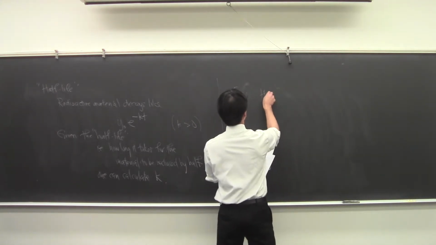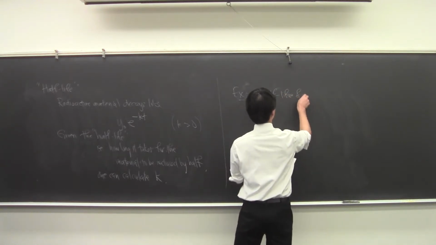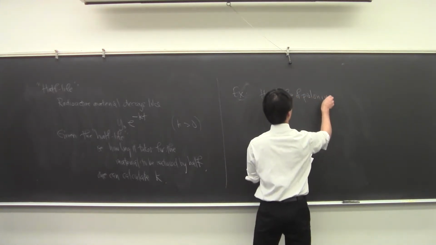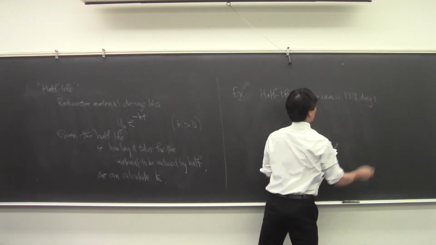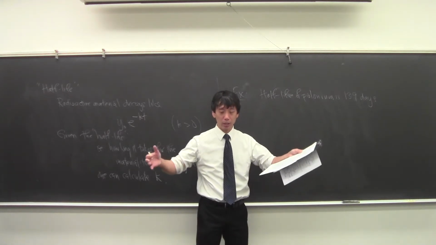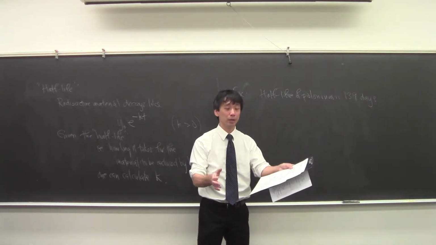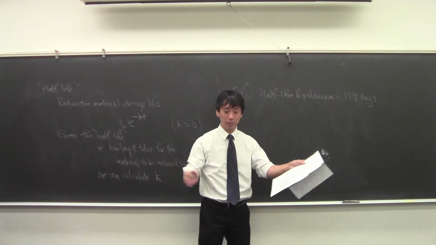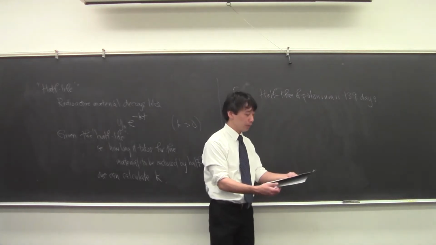So, for example, the half-life of polonium is 139 days. You've got this radioactive material, polonium. You start off with a certain amount. Every 139 days, it becomes half of what it was. 139 days pass, you've got half of what you had. Another 139 days pass, you've got half of what you have.